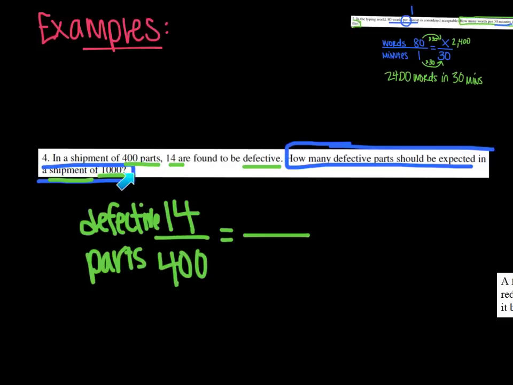A shipment of 1,000, is that 1,000 total, is that defective or is that total? So you have to figure out. And because we know that we're solving for defective parts, we know that the shipment of 1,000 is referring to a total number of parts. So that goes in the total parts label, and then I solve for my unknown variable.